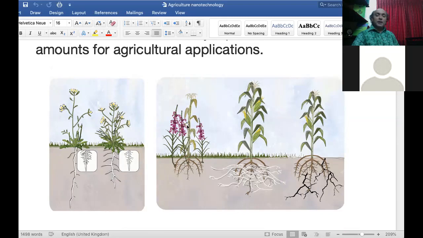That means a compound produced by the plant helps the parasite, which finally infects the plant and damages the plant. So this compound, in true sense, in the natural system, is harmful for plants, although plants are producing it.